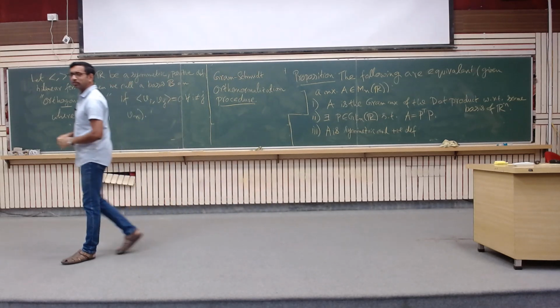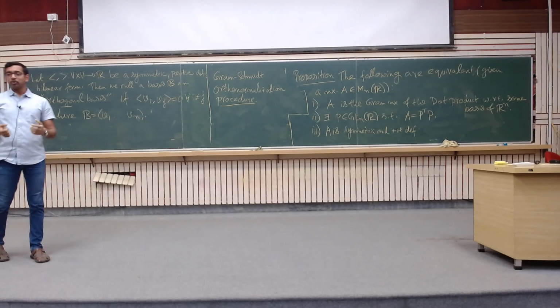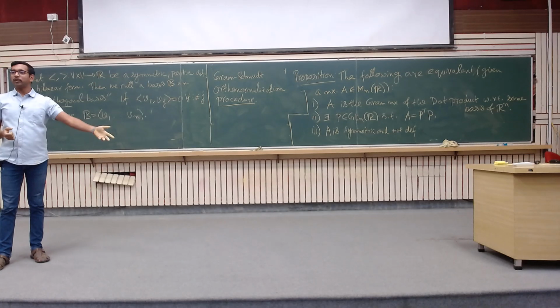Right. It depends on the basis. Sorry, it depends on the form. What I want to say is that if you define different kinds of bilinear forms, the output of V and W in two different forms will be different.